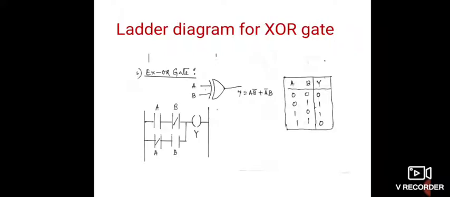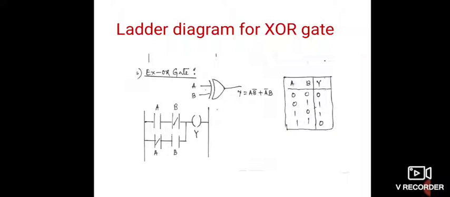Then the ladder diagram for the XOR gate. A XOR B can be written from the truth table as Y equals A B bar or A bar B. That is, the output of the XOR gate is high when the two inputs are different, that is, when A is 0 and B is 1, or when A is 1 and B is 0.